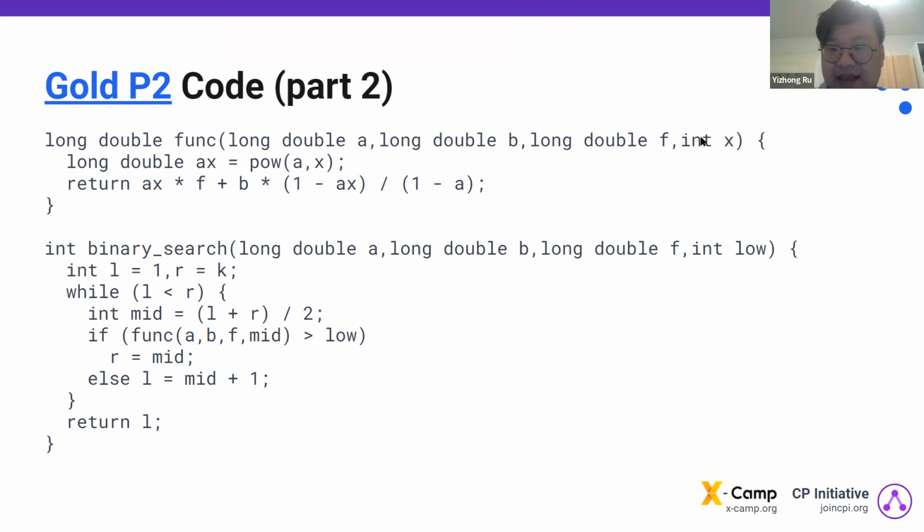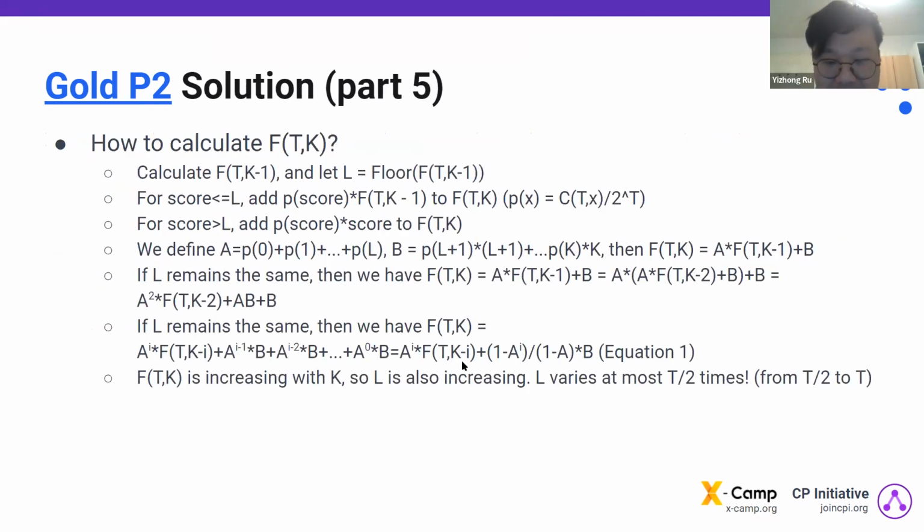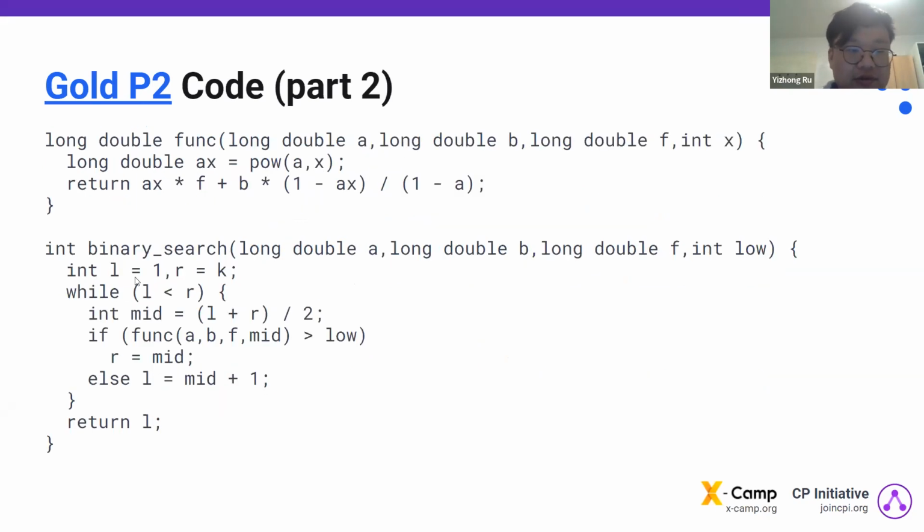We define it as F, and x is i. Oh, sorry, F is f(t, k) minus i, and x is i. So we need to calculate f(t, k) with this function. Okay, and binary search is very easy, right?